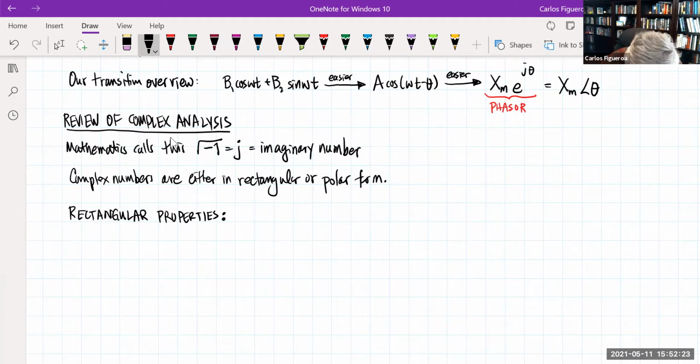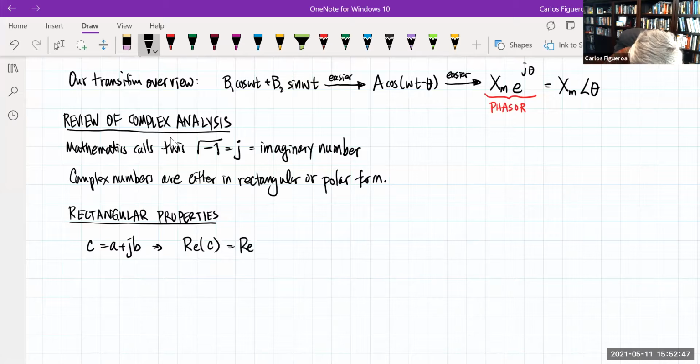The first thing that we do is define a complex number C, and we write it as a plus jb. So if I take the real part of C, then I'm really taking the real part of a plus jb.